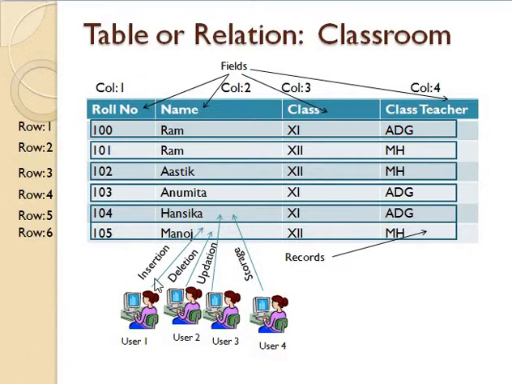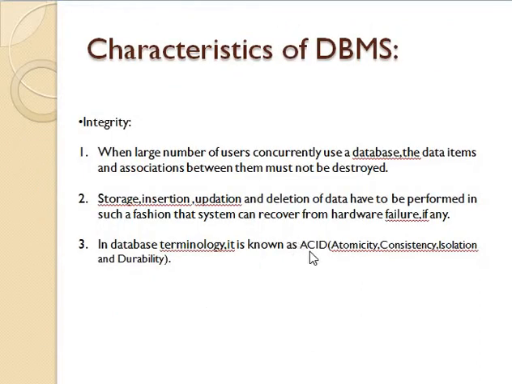So any storage, insertion, deletion and updation of data have to be performed in such a fashion that the system can recover from a hardware failure if any error occurs. A particular table or a database can maintain its integrity by fulfilling the property of atomicity, consistency, isolation, and durability. In short, we refer to that as the ACID properties.